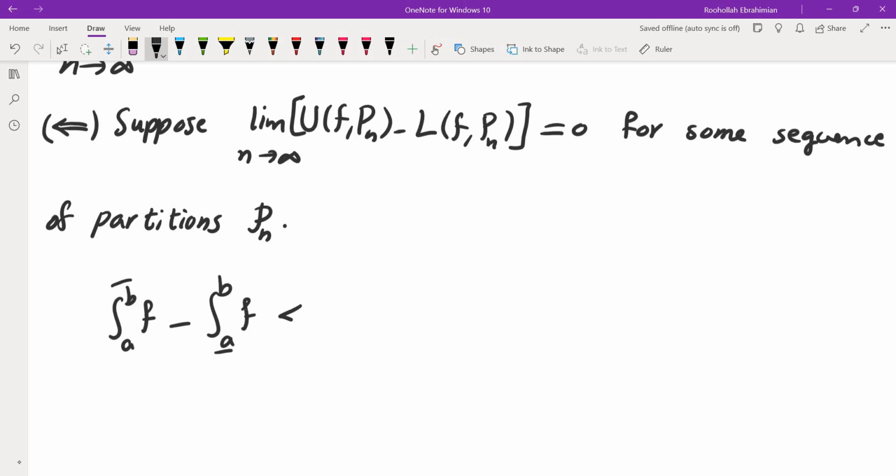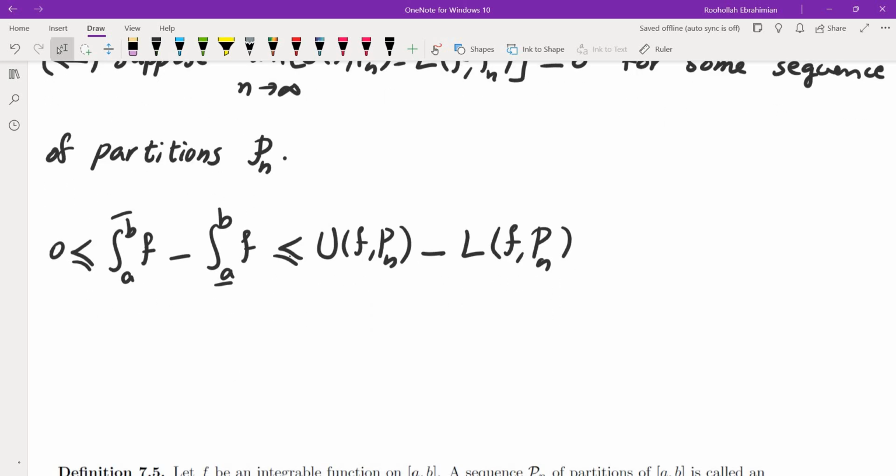the upper integral is always less than or equal to the upper sums, because the upper integral is the infimum of all of the upper sums, and the lower integral is greater than or equal to all the lower sums. And because of the negative sign, I have this inequality. And of course, we proved that the upper integral is always greater than or equal to the lower integral. So now, if you take the limit of this, that would have to be greater than or equal to this quantity.